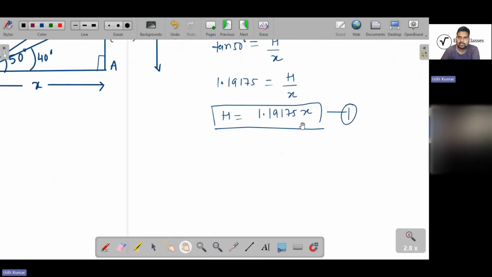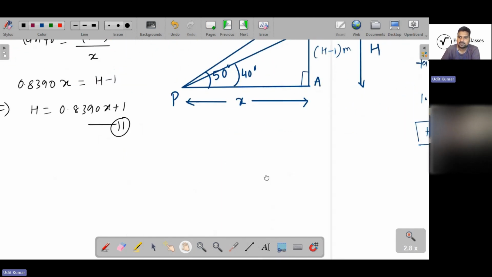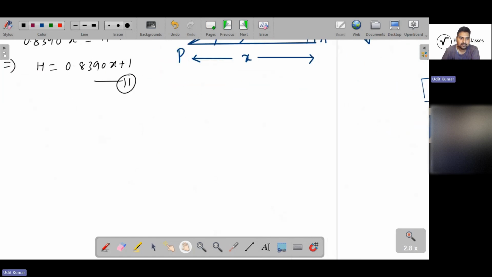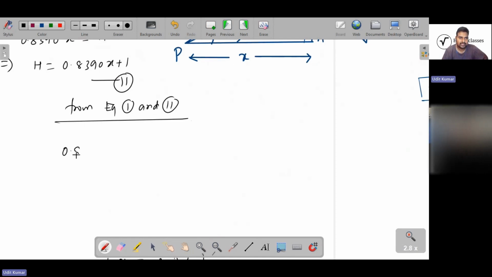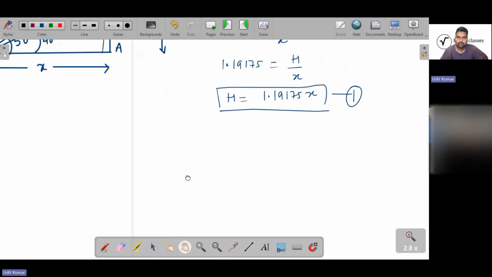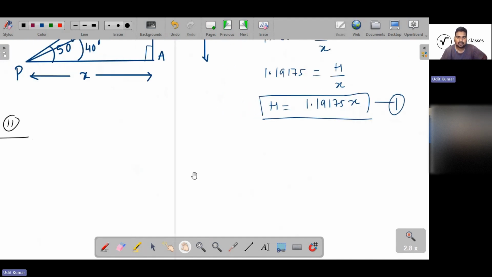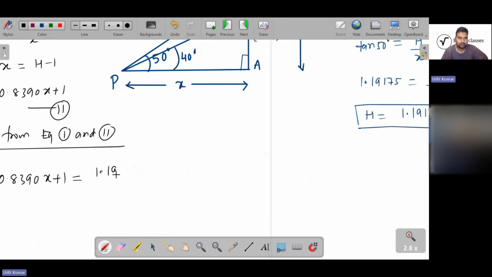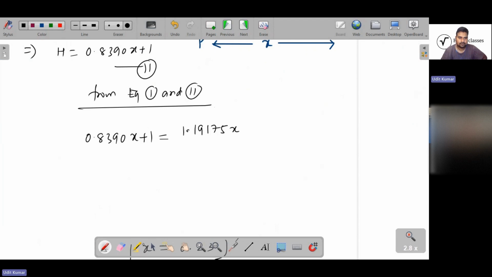Very good. Now equation 1 and equation 2 should be equal because this is h, this is h. So from equations 1 and 2, 0.8390x plus 1 is equal to 1.19175x. Now solve it. You transfer this to the right hand side.